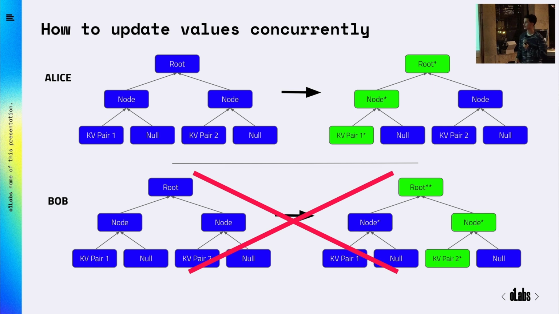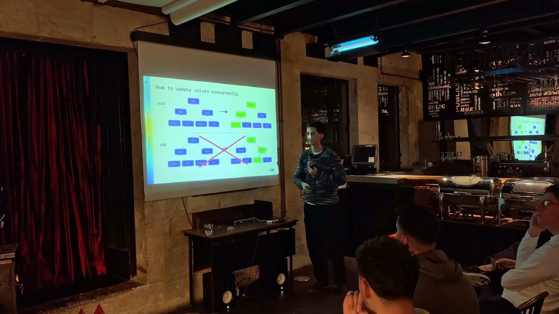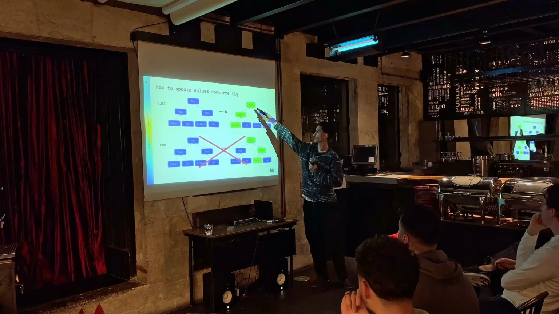But what happens is, when the network processes these transactions, the first will be valid because this is the precondition, the first root, an on-chain state field. It will update to root asterisk.